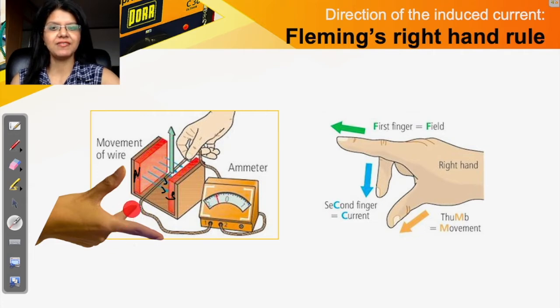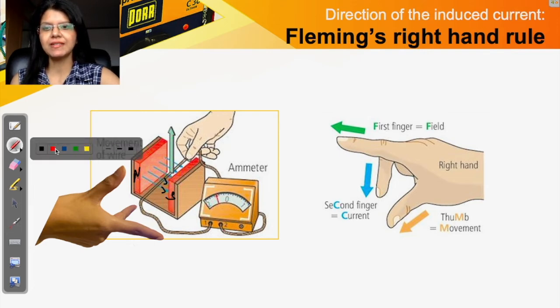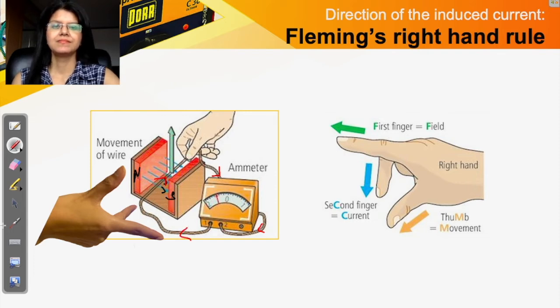The second finger gives you your answer to the question: in which direction is the induced current flowing? So how is the induced current flowing in this particular example? It is flowing this way. So I hope it's well understood how to apply Fleming's right hand rule.